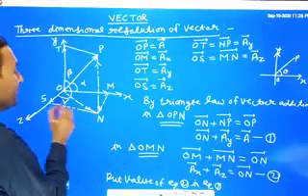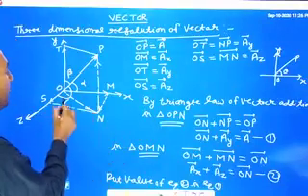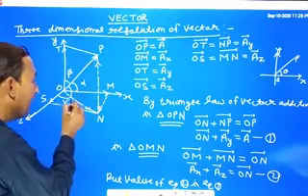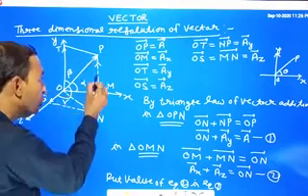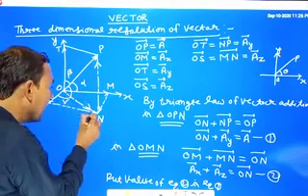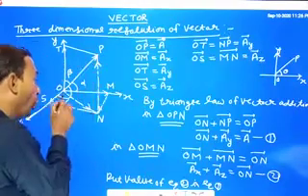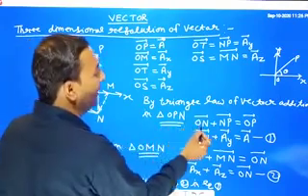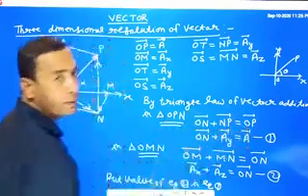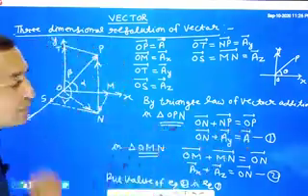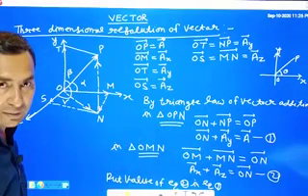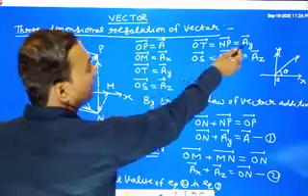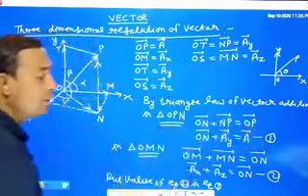In triangle OPN, ON and NP are in the same order. See these arrows, this side and this side. So ON plus NP equals OP. We know OP is the A vector, and NP is the Ay vector. So this is equation number 1.